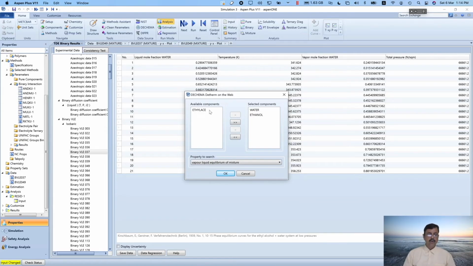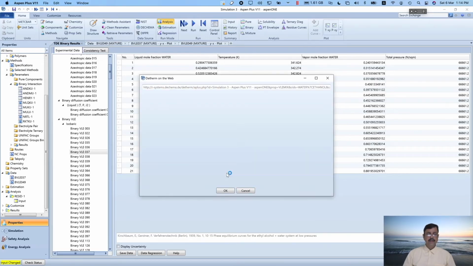It will open DETHERM on the web. Aspen has its own web browser where it will search. So just increase it.